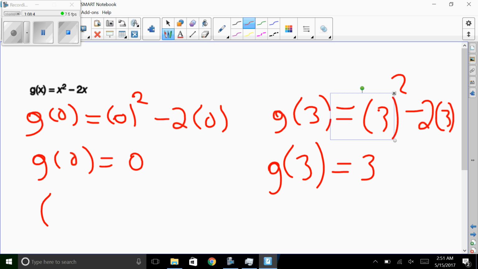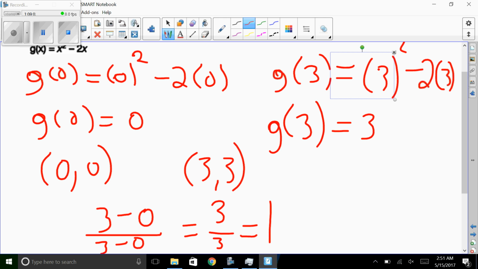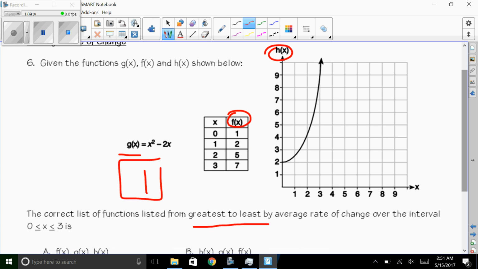Alright, so my two coordinates are 0, 0, and 3, 3. So we've got to find the average rate of change there. 3 minus 0 over 3 minus 0 equals 3 over 3, which equals 1. So average rate of change for that particular function is 1 from the interval 0 to 3. So we're going to put a 1 there underneath that function.